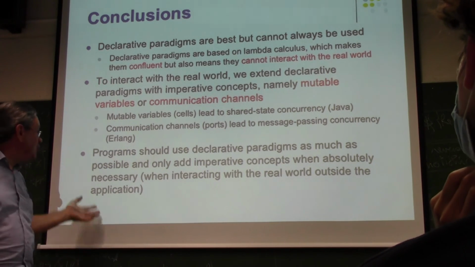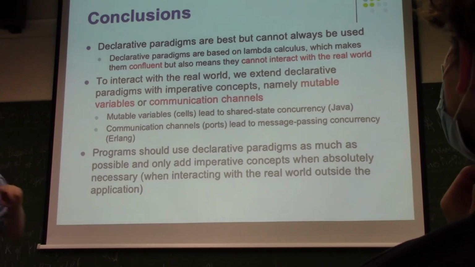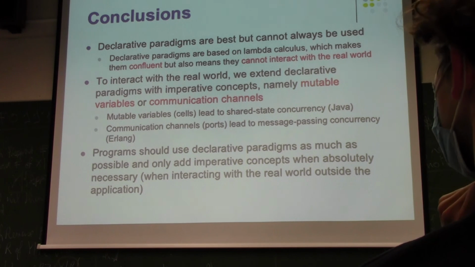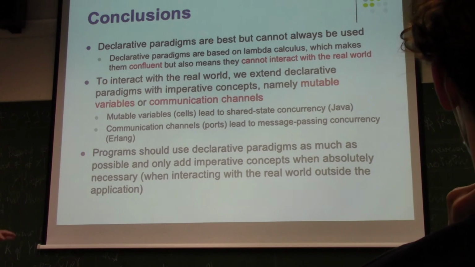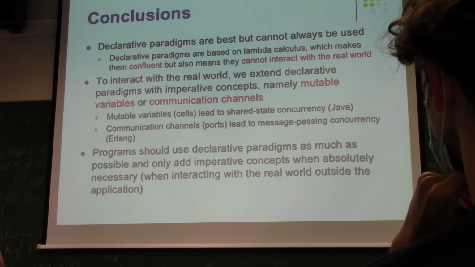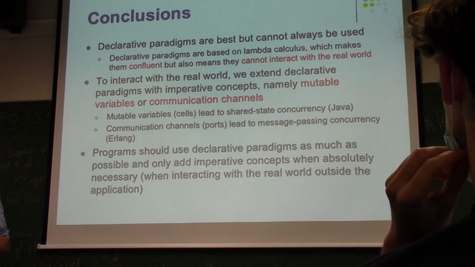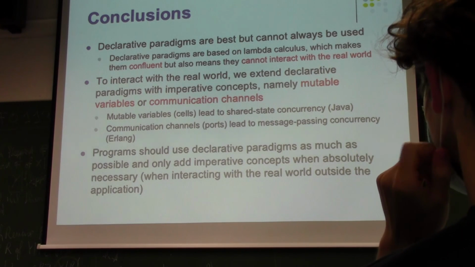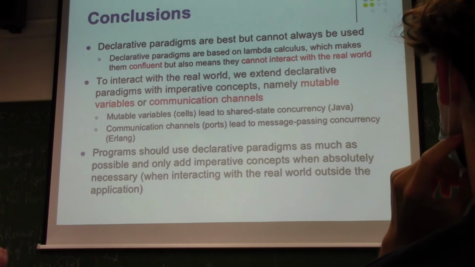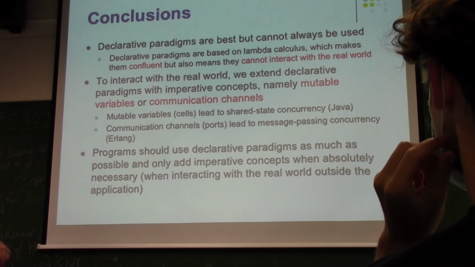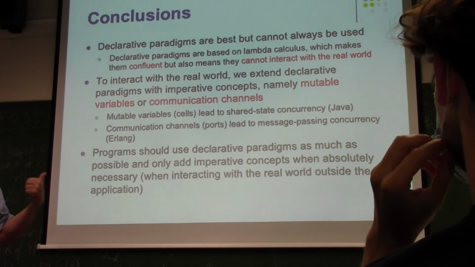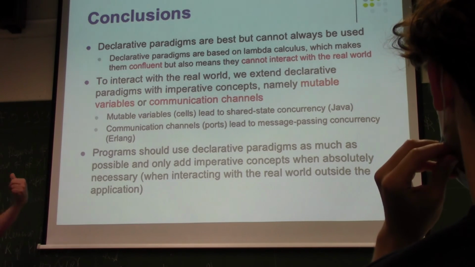But current languages are way too imperative. So both Erlang and Java are way too imperative, in fact. Why is that? Because they were both invented in the 1980s. And in the 1980s, people didn't understand this, okay? So they're both very old.